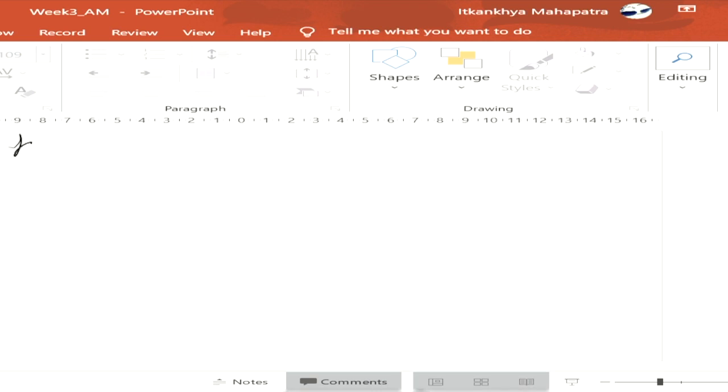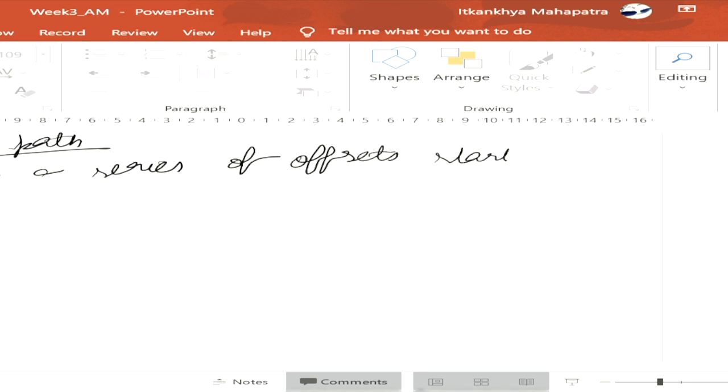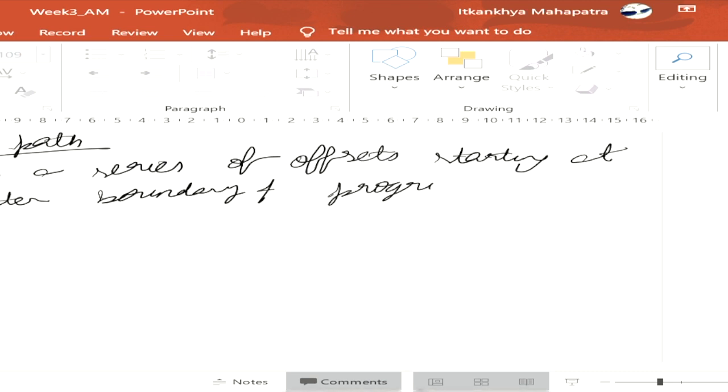The contour path is also known as contour parallel or offset. It is applied by offsetting the contour of the geometry, creating a series of offsets starting at the outer boundary and progressing towards the center.